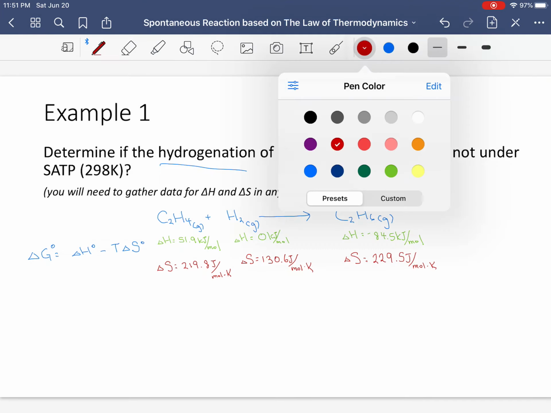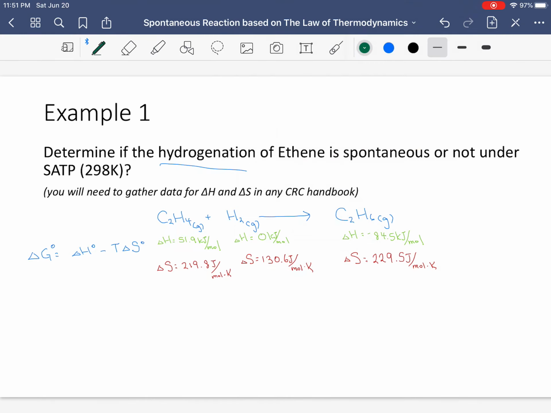That's enough information to calculate delta H and delta S, and we know what T is. T is 298. So let's go ahead and calculate delta H. If you remember how to calculate delta H, it is the sum of the products, subtract the sum of the reactants, and make sure you take moles into account.